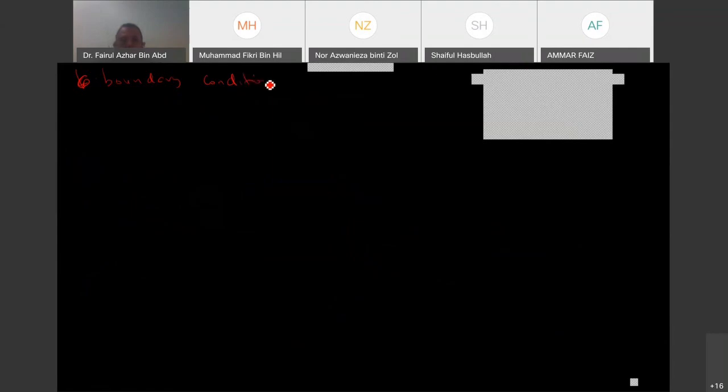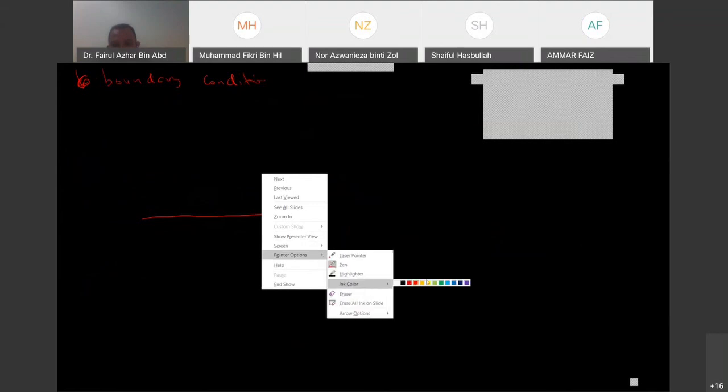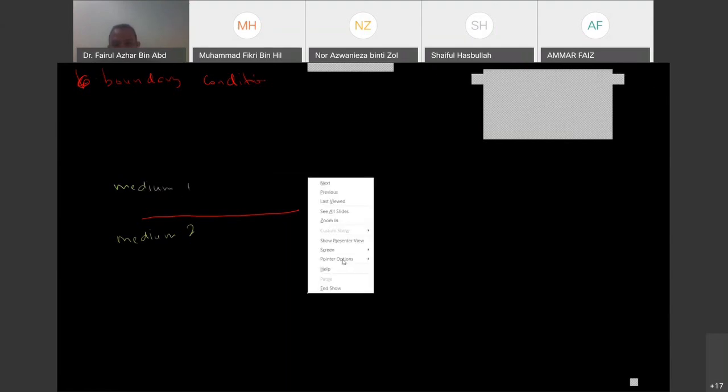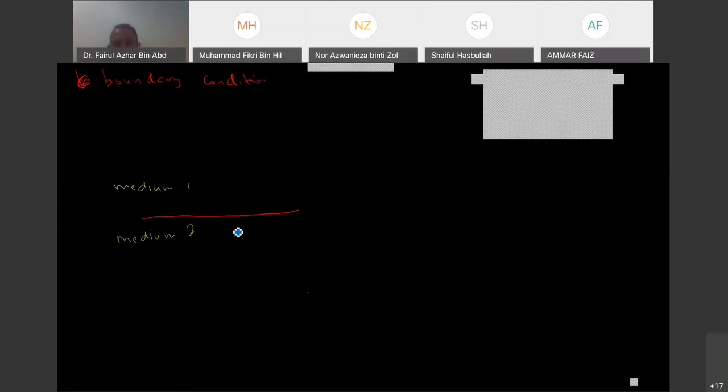Inside this boundary condition, let's say we have one boundary here, and this is medium 2 and this one is medium 1. In this particular case, we will observe what will happen to the value of the field when the field travels from one medium to another.